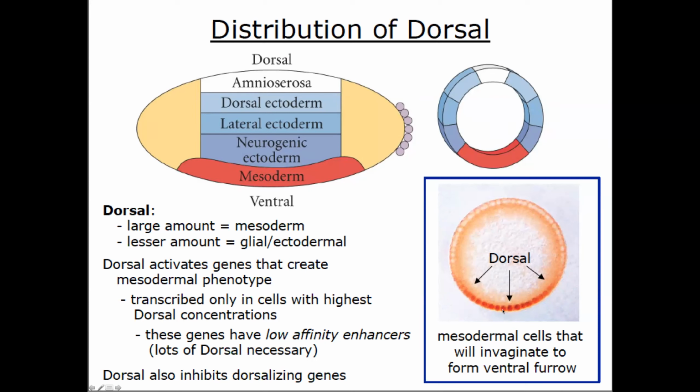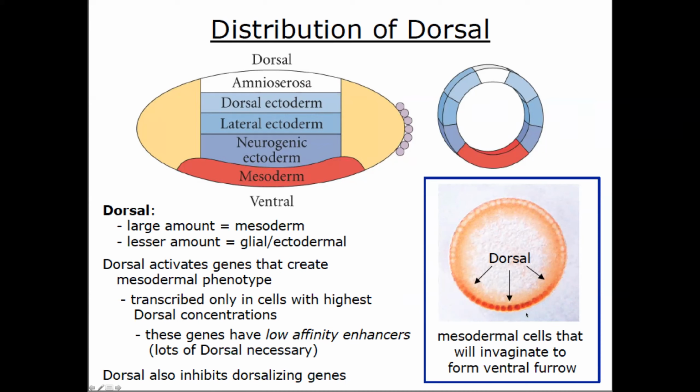Now you can appreciate that the expression of Dorsal is also not uniform across all these cells, the highest being here, and gradually it reduces. So the protein expression also has a bit of a gradient here, which means that the distribution of Dorsal all along the ventral region is not uniform. And this sets up the gradient of Dorsal.